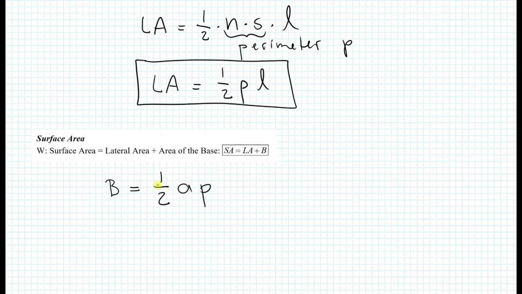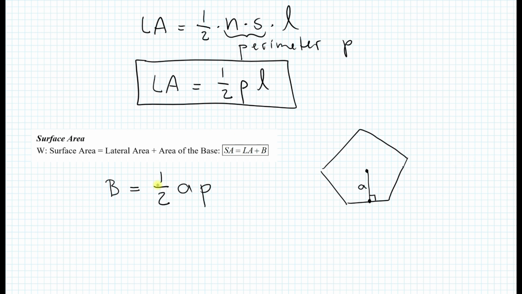As you remember, if you have, for example, a pentagonal base like this, notice that it's not drawn to scale, the apothem is defined as the distance from the center of the pentagonal base, or in this case any polygon, to the midpoint of one of the sides, which is perpendicular.